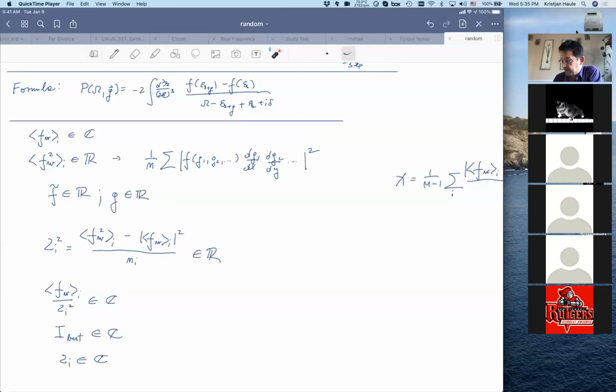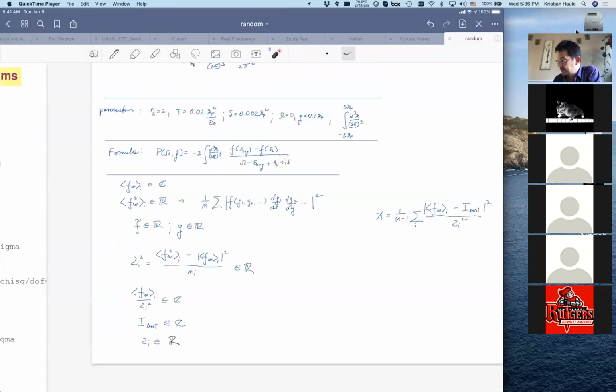Then, when we calculate the average of the function f(w) divided by sigma i squared, this is clearly complex, because f(w) is complex. Then the best approximation for our integral is complex, but here is wrong. So sigma square is actually real. Sigma square is real because the error is real.